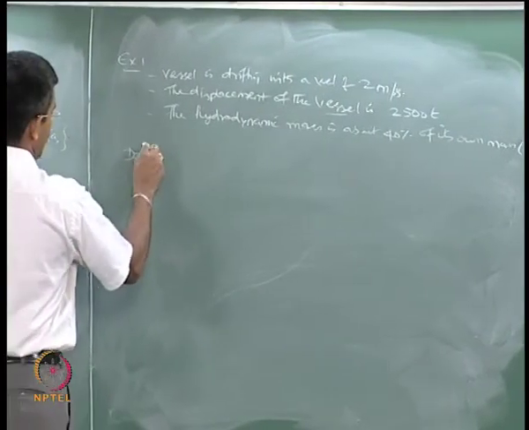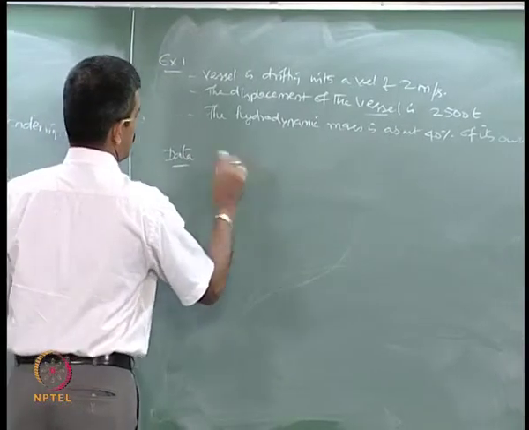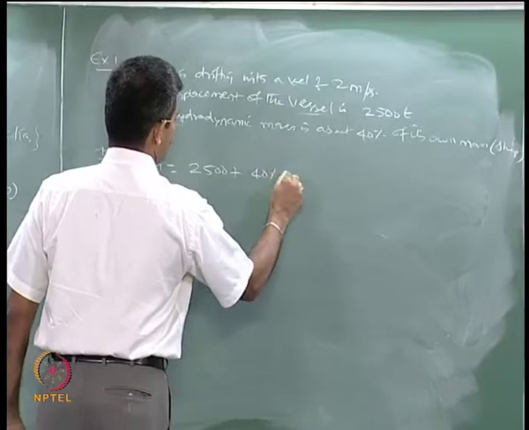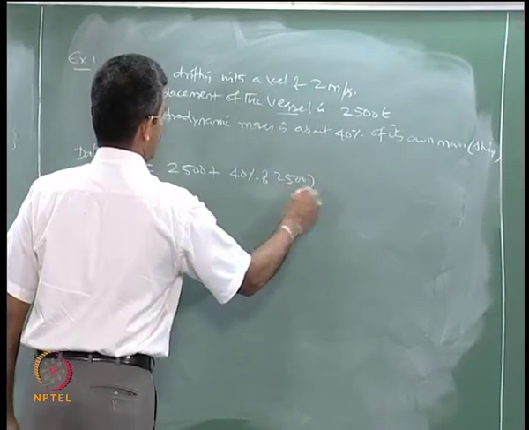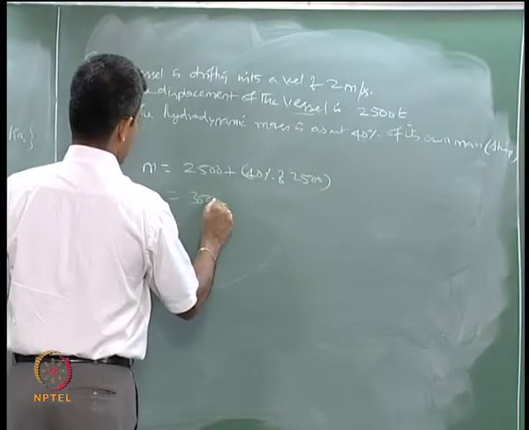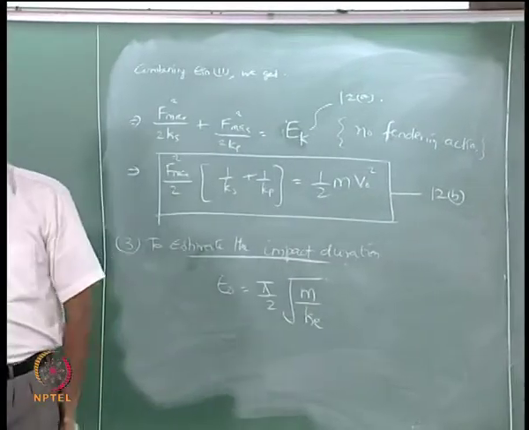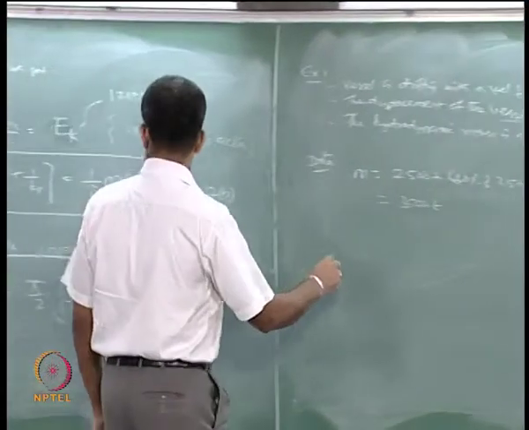So, now we have the data as follows: m is 2500 plus 40% of 2500, which makes 3500 tons, okay, and V naught is 2 meter per second.